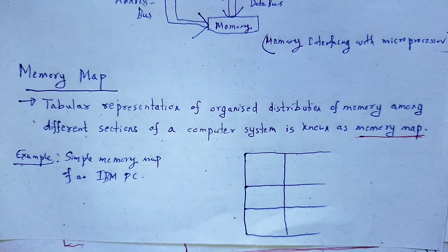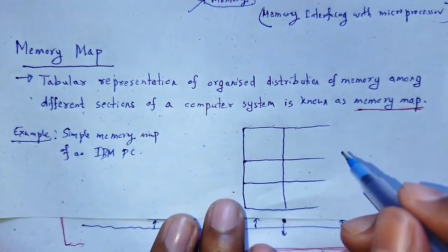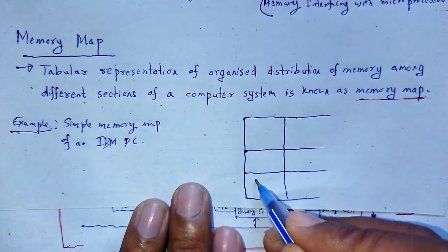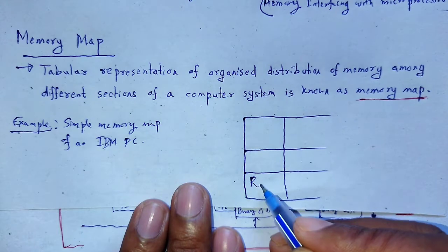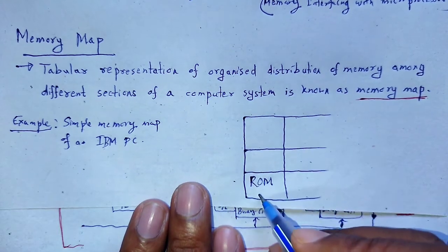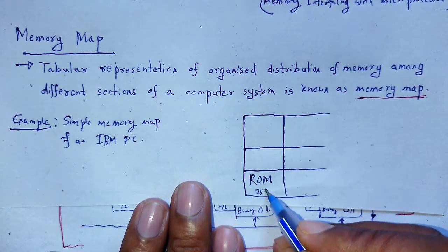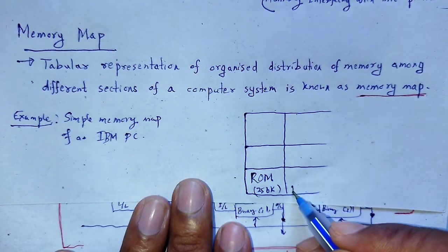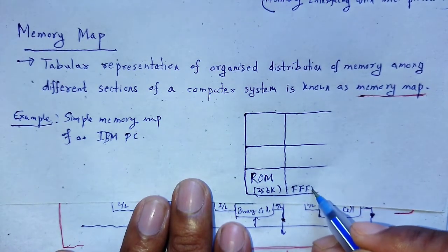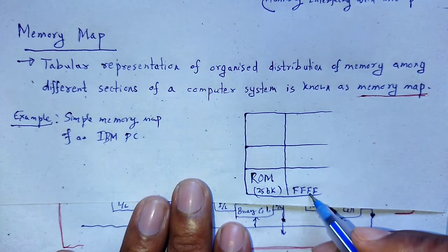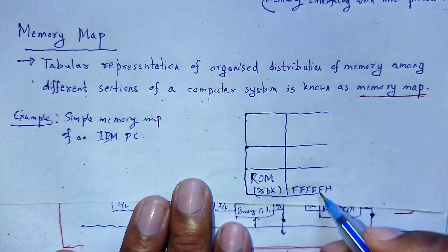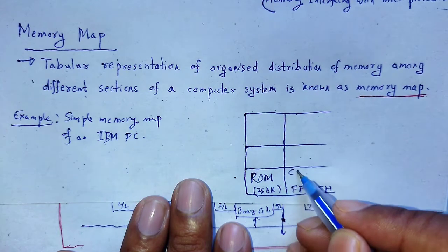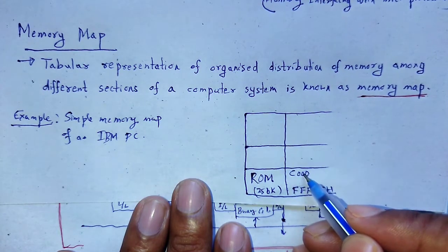The memory locations we consider for ROM, around 256K, have the range FFFFFH to C0000H.